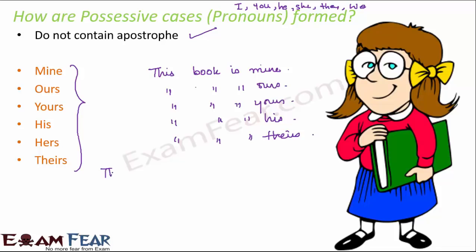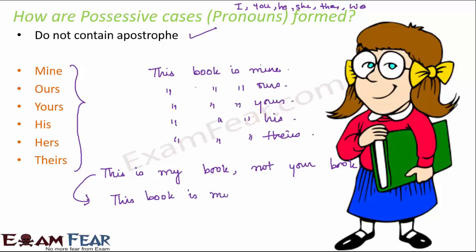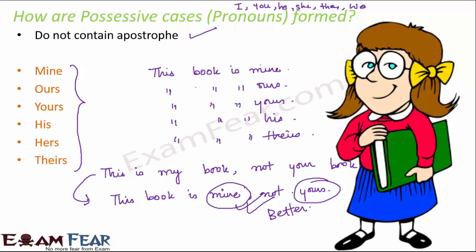So let us say you want to say something like this: This is my book, not your book. Now, a better way of saying this would be, this book is mine, not yours. So this one is a better way of telling the same thing, and that is where you see the possessive pronouns play a very important role.